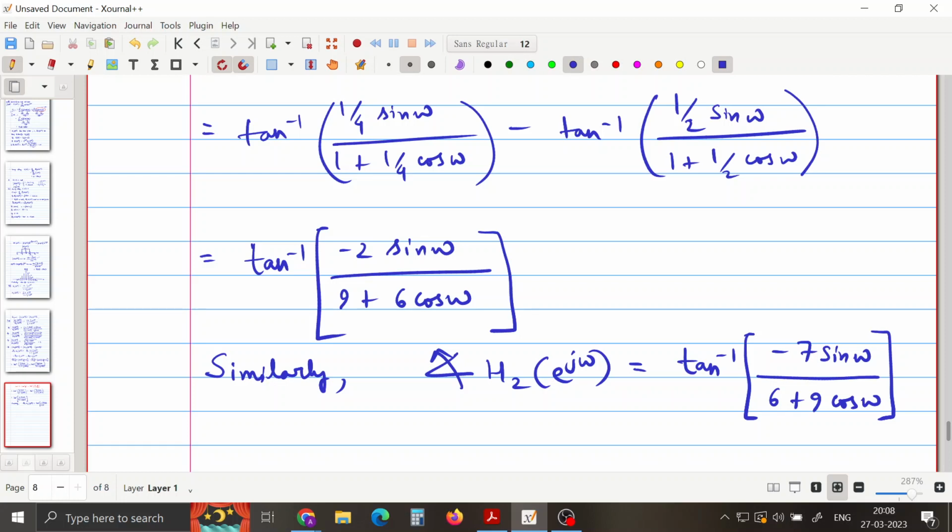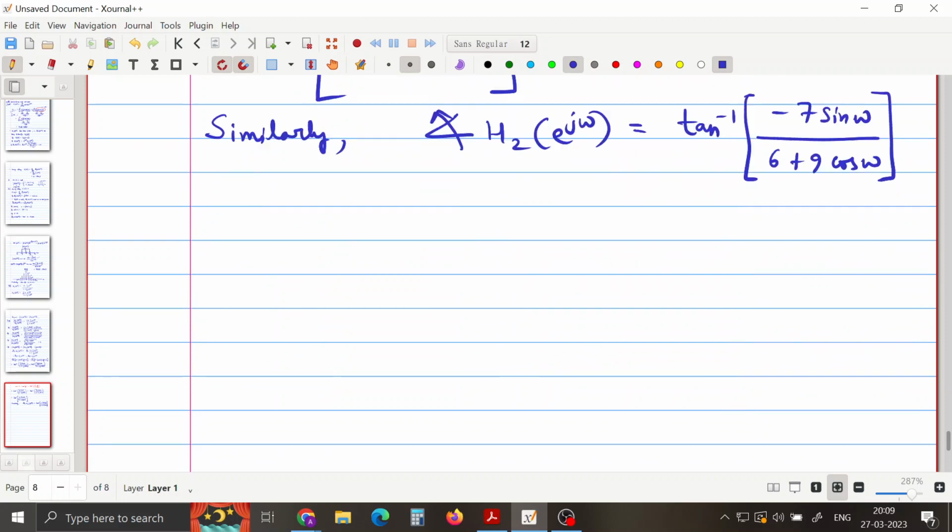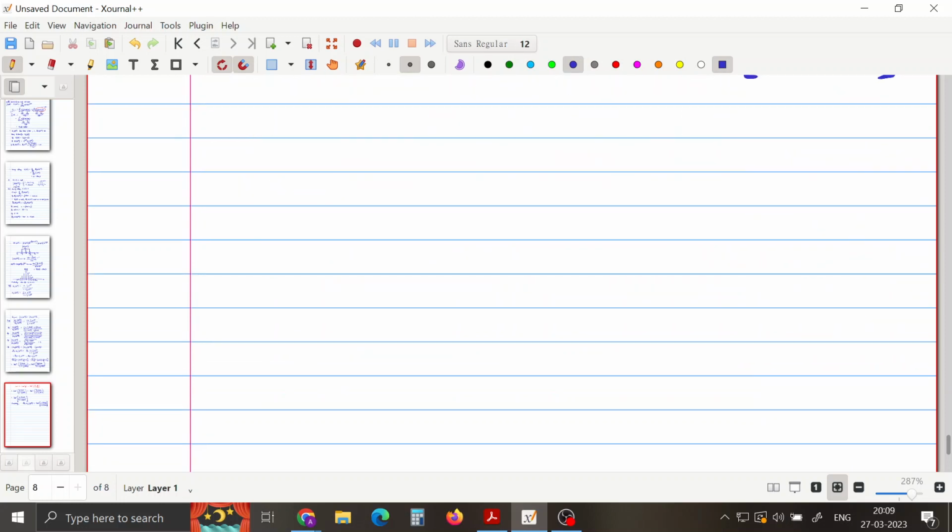A very similar form. Now our task is to show that this H2 of e power j omega has a greater group delay than that of H1 of e power j omega. So let's see. I'm writing the phases again just for better understanding.